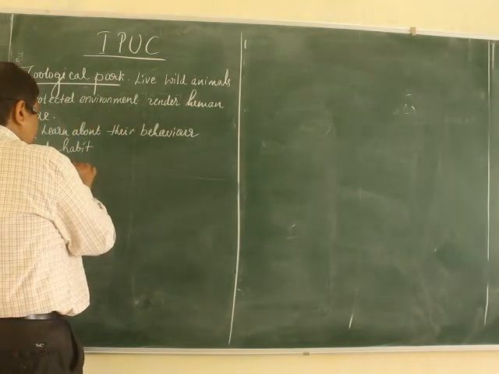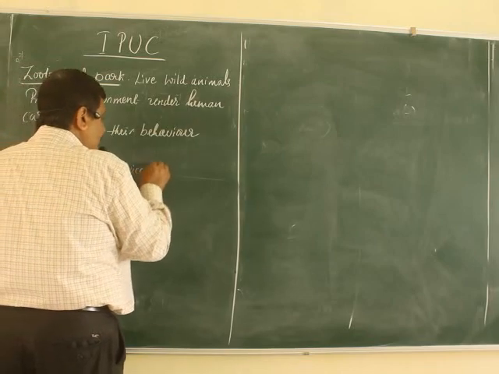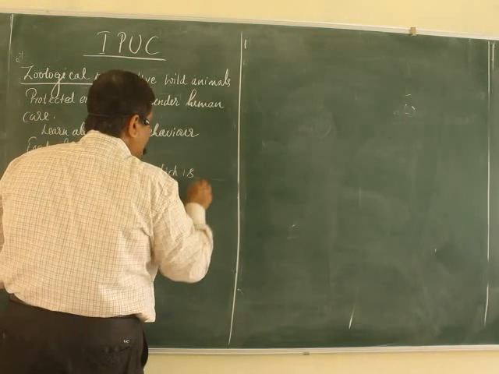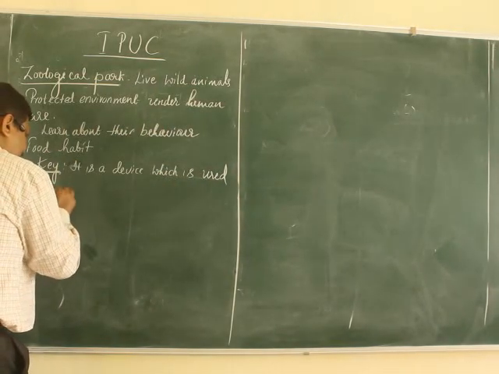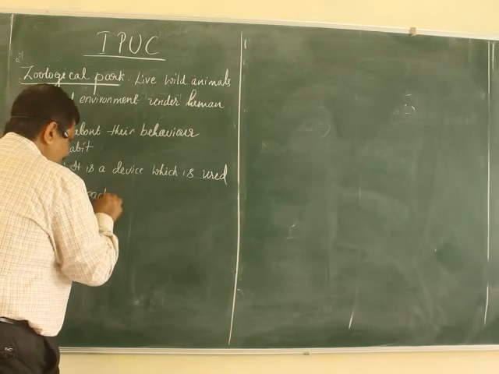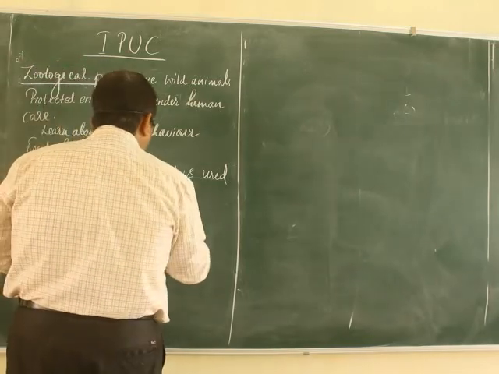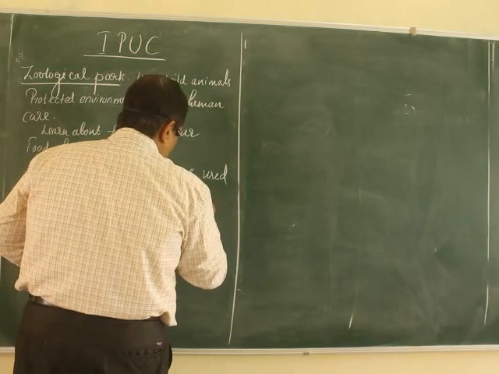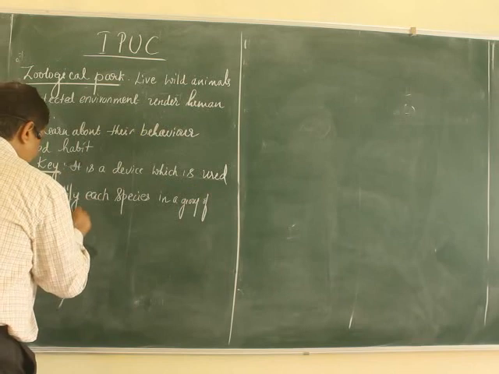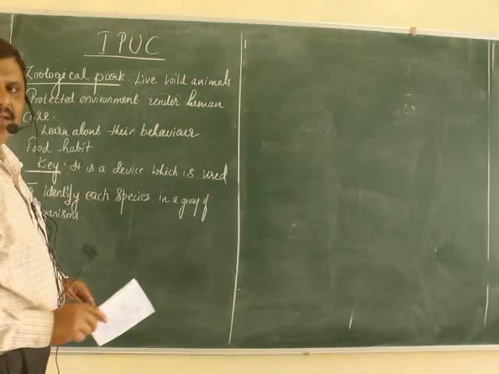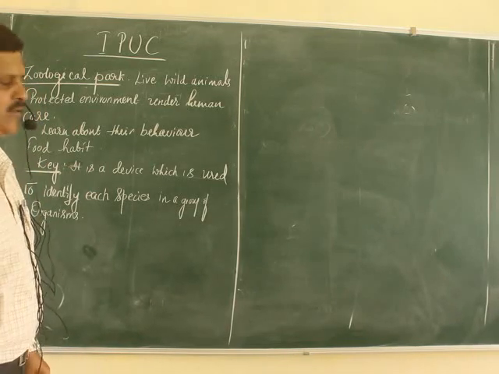So, key is a device which is used, you write this, to identify each species in a group of organisms. So that is called key.